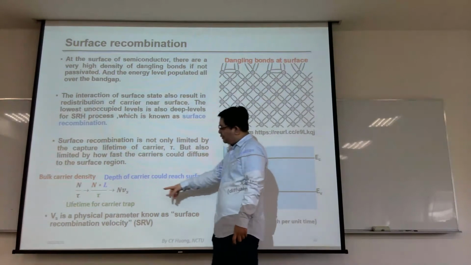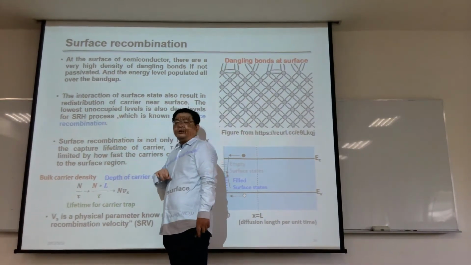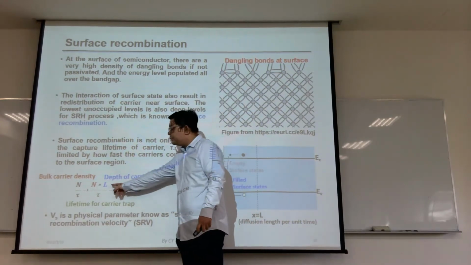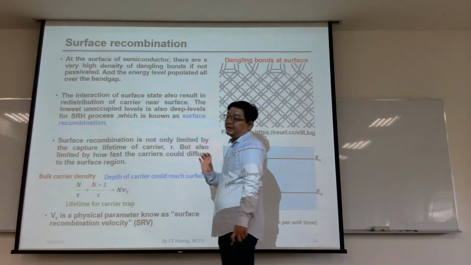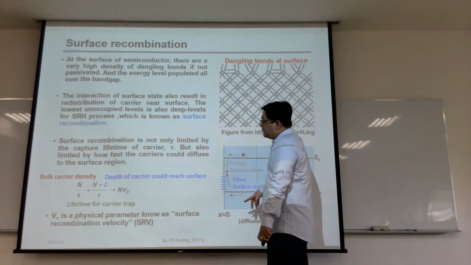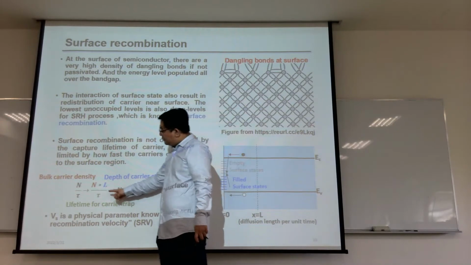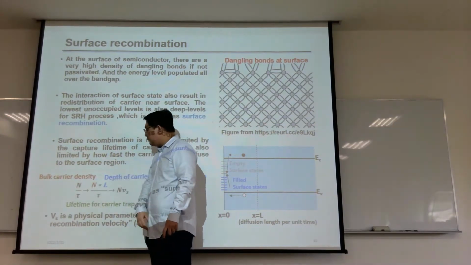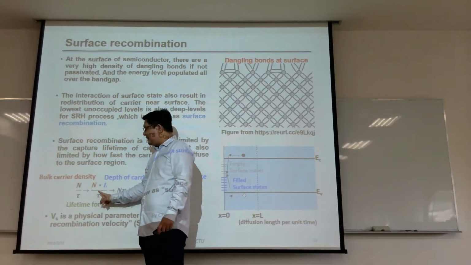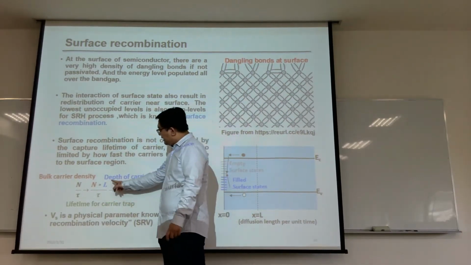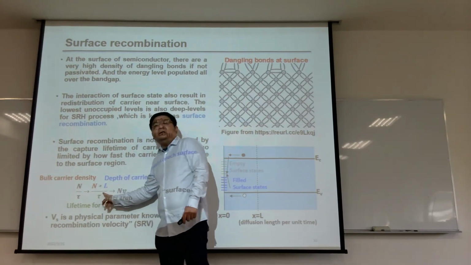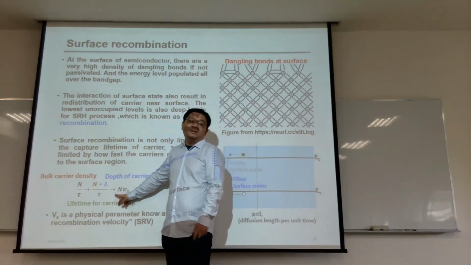So it should be proportional to the diffusion length as well. That will be more reasonable for the total surface recombination. So the original change is usually N over tau. It should be written as N times L divided by tau. And length divided by tau is a unit of velocity.